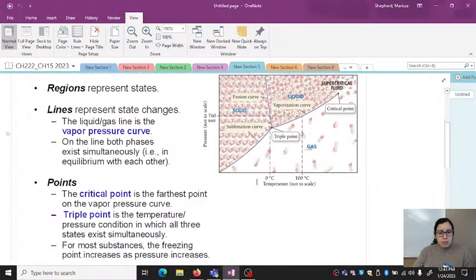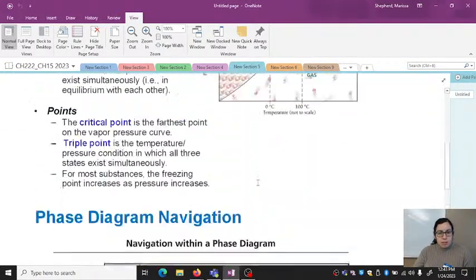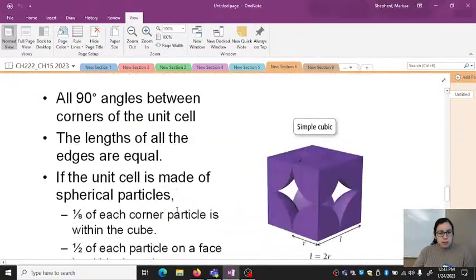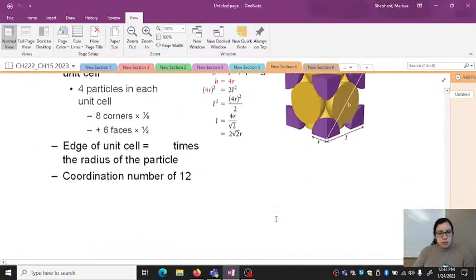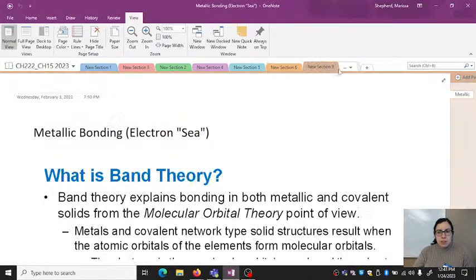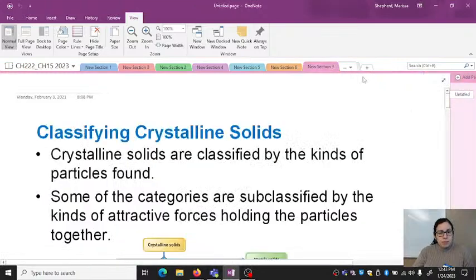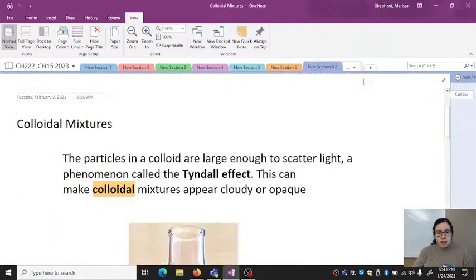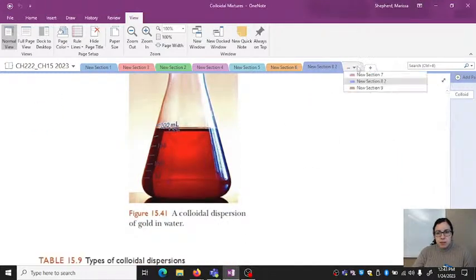And then that will lead us to these phase diagrams, which isn't too hard. And then we'll talk a little bit about crystal structures, but we don't really get too into these.